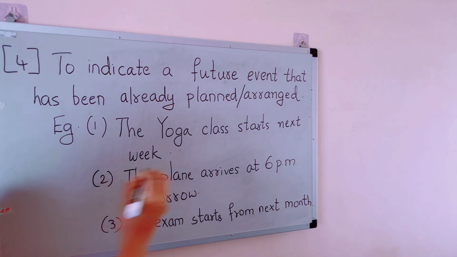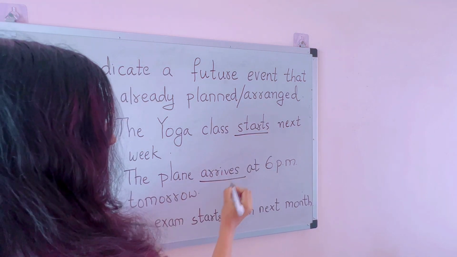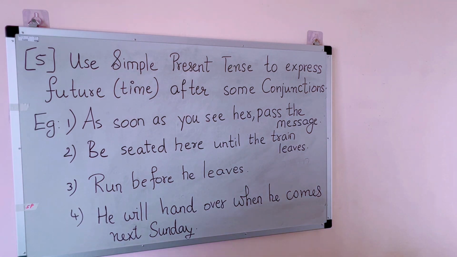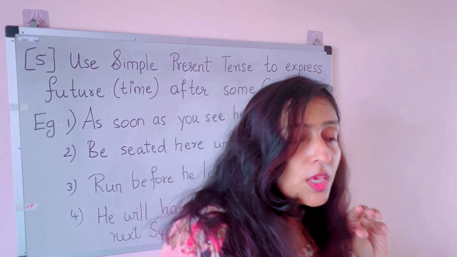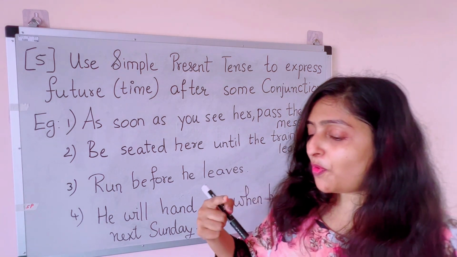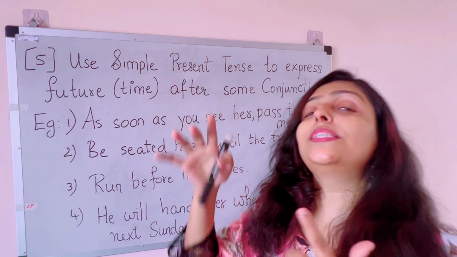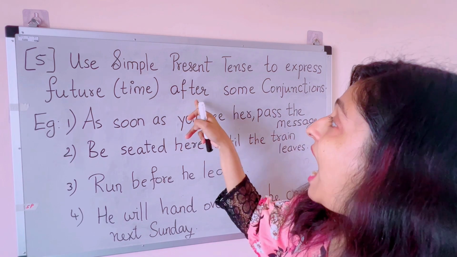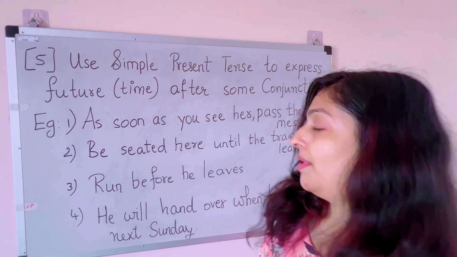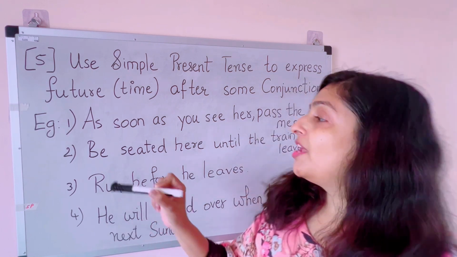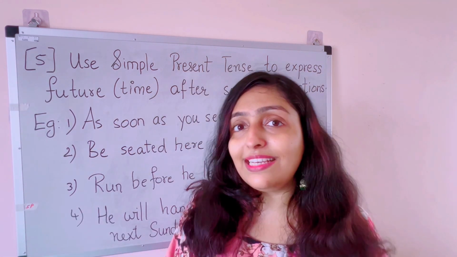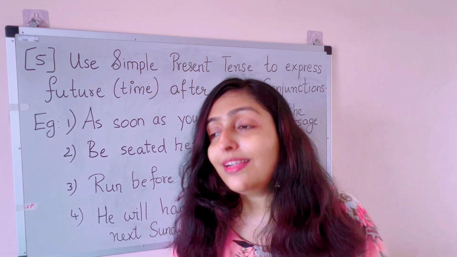So these are the verbs in simple present tense. Rule number 5. We use simple present tense to express the time of the future after some selective conjunctions. I hope you know about conjunctions: they are subordinating conjunctions and coordinating conjunctions.